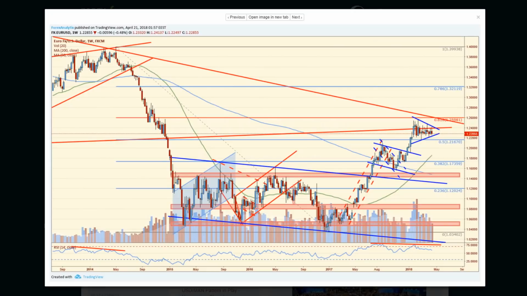Let's just put it this way, Germany's Merkel and Donald Trump have not had the best relationship, and there's going to be some tough talk on Friday regarding trade. So I think there's going to be a lot that can influence the euro this week, and as you can see here on the charts, it's a very tight consolidation.